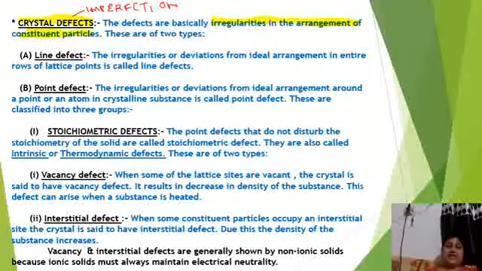These defects are classified into two categories: line defect and point defect. The first one is line and the second one is point defect. So we will discuss only point defect because line defect is not in your syllabus. We just take a small intro of that particular line defect.